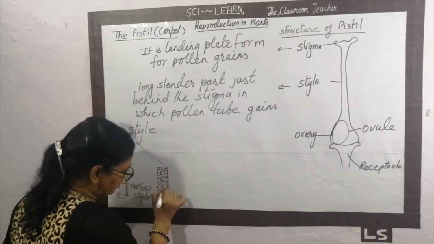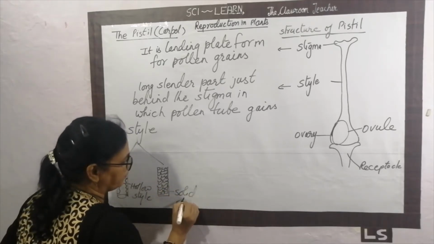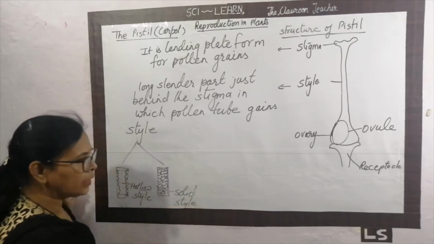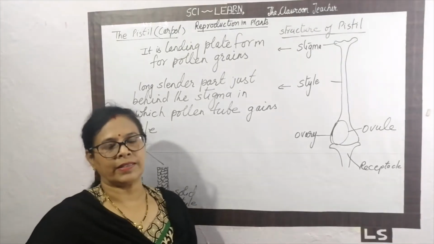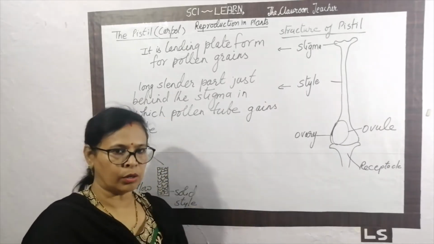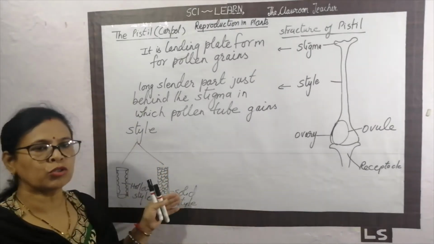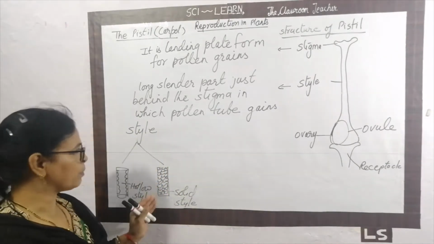The cells are here, like this, and this is called the solid style. So there are two types of styles based on the cells present in them. If it is hollow, the central cavity is open, and if it is packed, all the part is composed of small cells. So this is about the style.